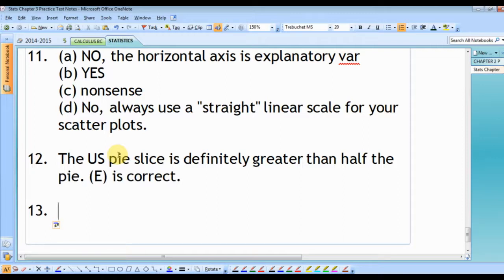The following is an ogive. Okay, now take that word ogive and substitute it with cumulative relative frequency plot.